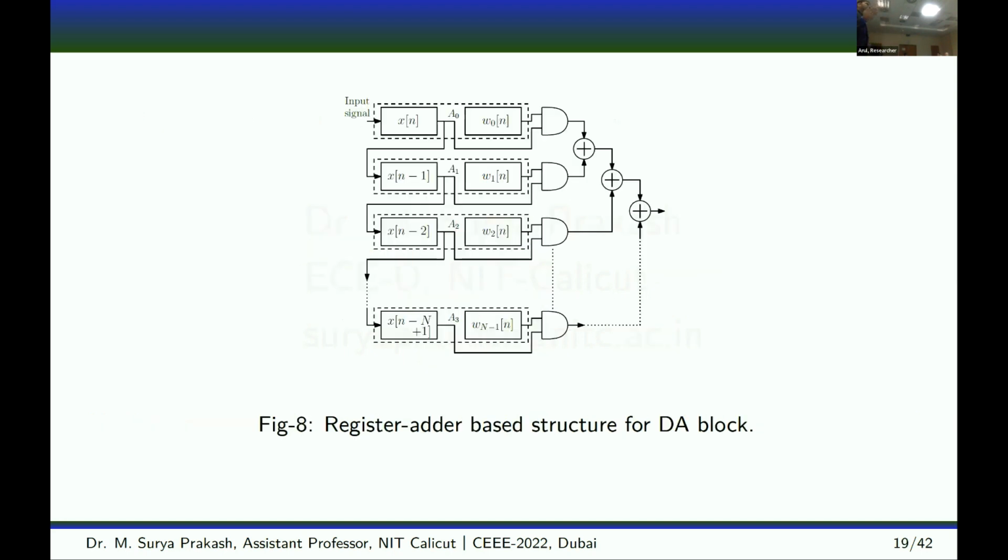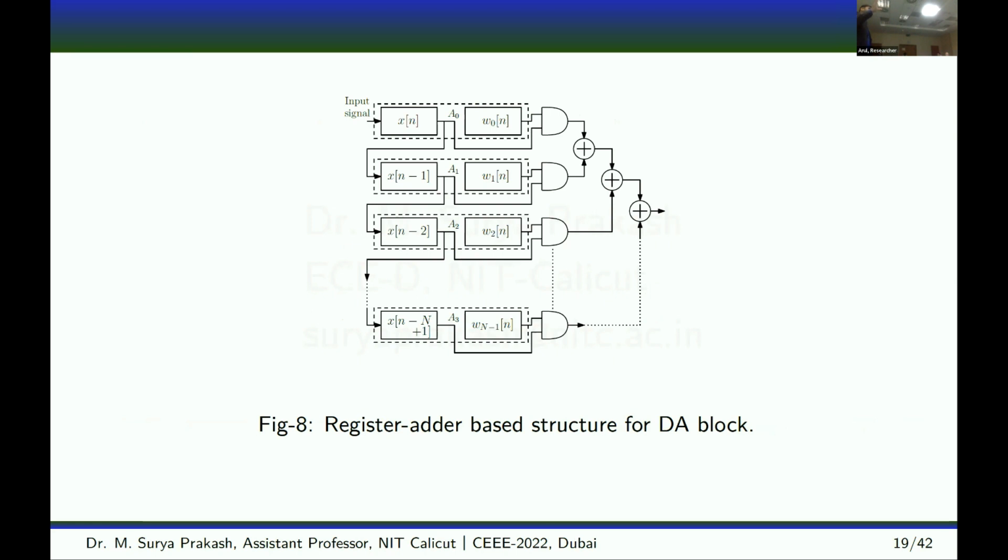This is a very basic idea where we are implementing the adaptive filter using distributed arithmetic. Instead of going for a lookup table, we are simply storing all the filter weights in registers, and just by using AND gates and an adder tree structure, we are able to compute all the partial products.